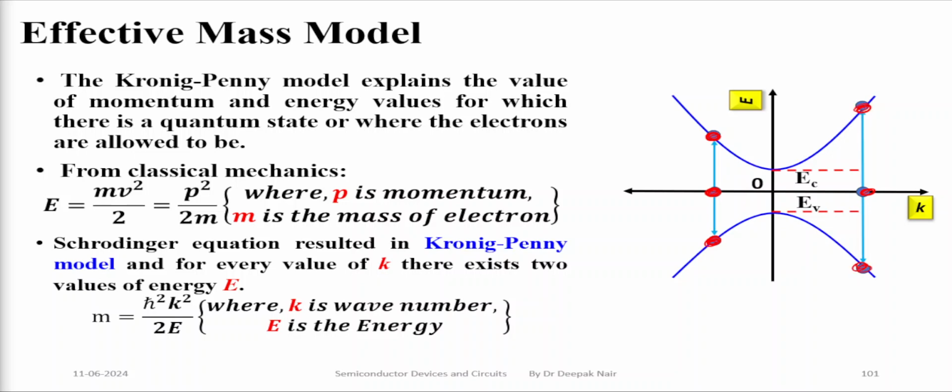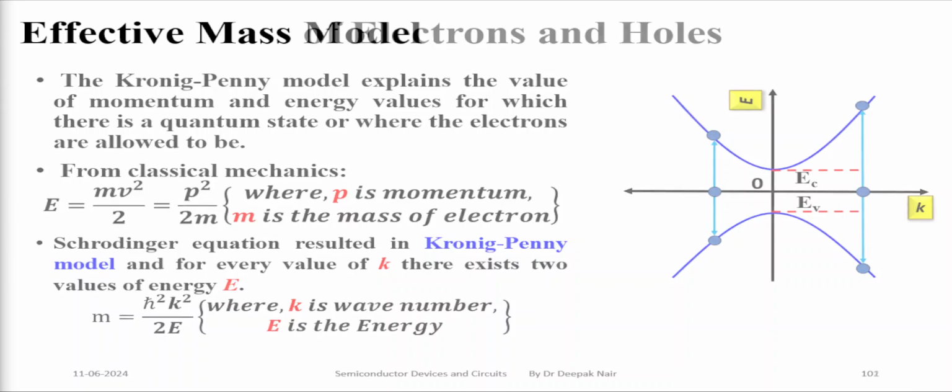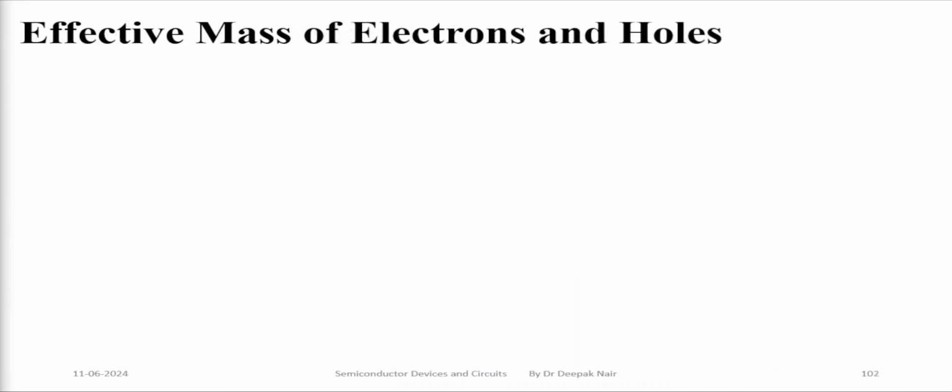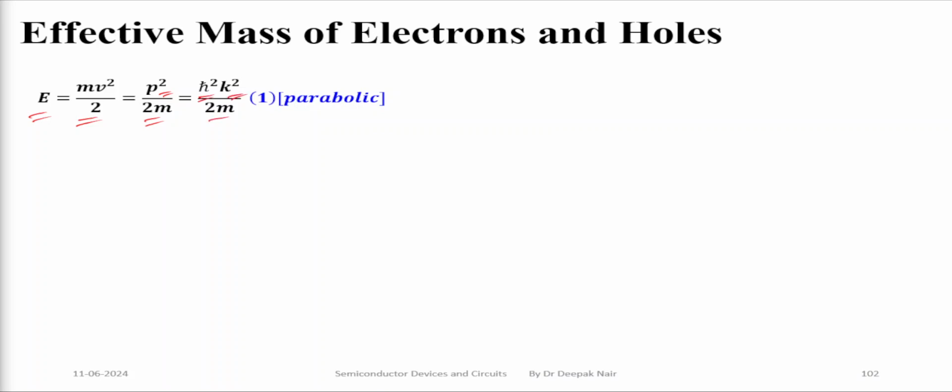With this, we can continue and go a bit deeper to understand what it means. So let us talk about the effective mass of electrons and holes. Let us start again with the same equation. E is equal to mv square by 2. Substituting the value of momentum, we get p square upon 2m, which is nothing but h bar square k square upon 2m. Remember, this is not Planck's constant h directly, it is Planck's constant divided by 2 pi.